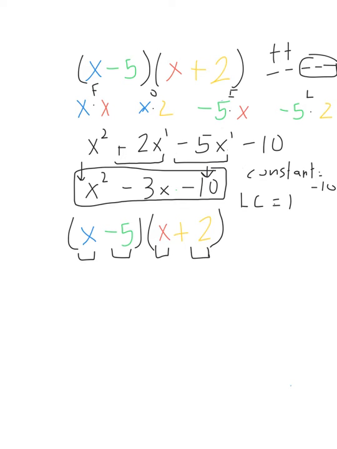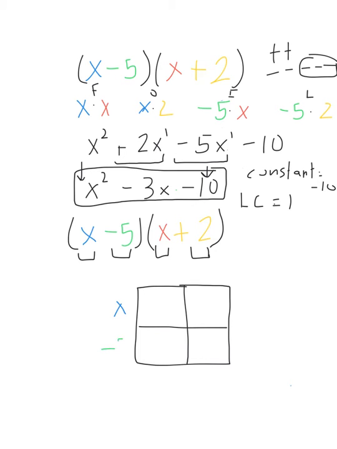So we want to create a box that has 4 squares. And we're going to put each one of those terms on the side of the box. So the x will go here, -5. So that set of the terms in that parentheses will go on the side, and then the terms in the other parentheses will go on the top.